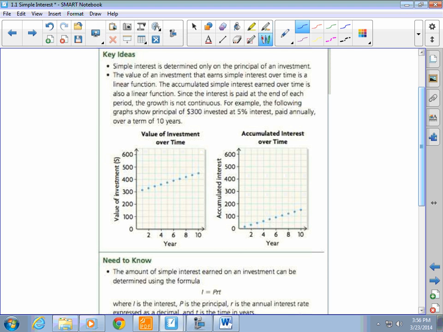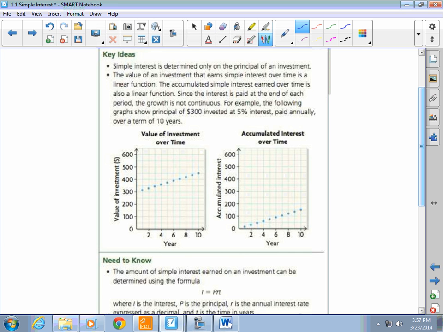So every year you're earning another $15. So it says accumulated interest over time. That's the second chart. Then you can calculate. So at year 1 you had 15. Year 2 you had 30. Year 3 you had 45, and so on and so on. And then finally, when you got all the way up to year 10, you actually made $150 interest.